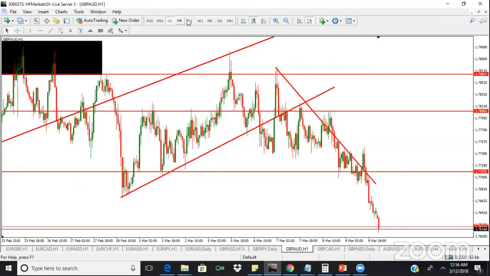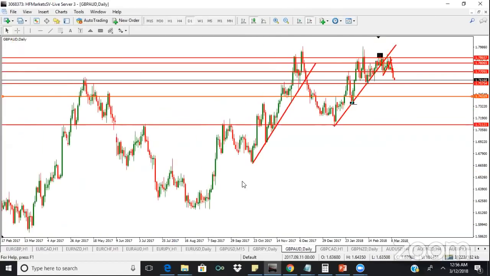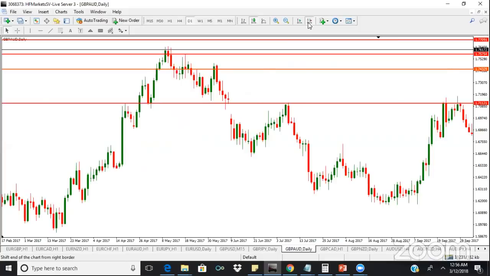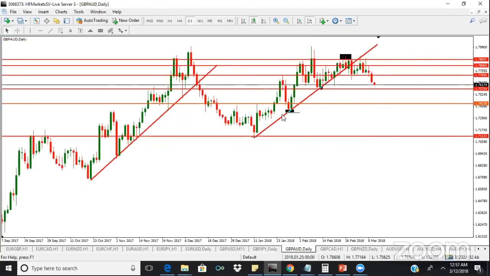Wow, look at this one. It's just running down. So stay away from pound AUD, because it has started the sell movement and we didn't pick any of those. Look at our trend line up.